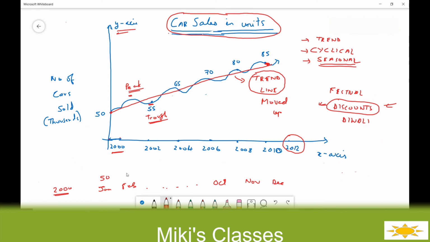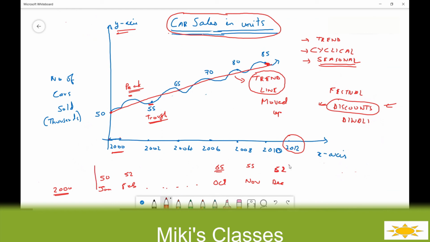Suppose in February, it went to 52,000, kept moving up. In October, let's say it spiked up to about 65 because of the heavy Diwali discounts. And after that, it again started slacking. It went down to, let's say, 50, and then in November, it moved down to about 55, and here it moved down to about 52.